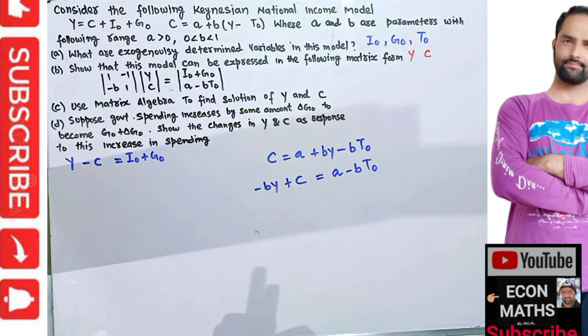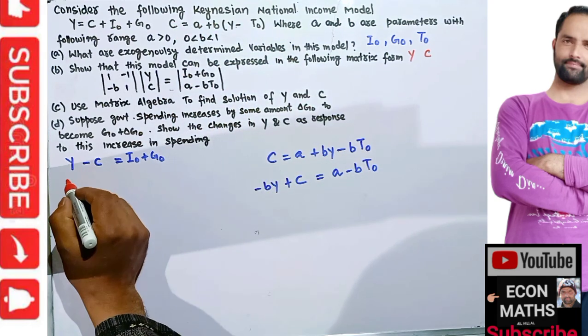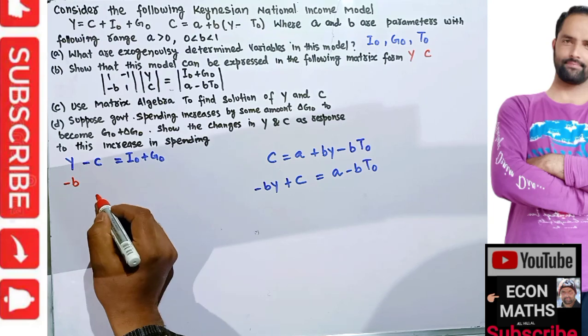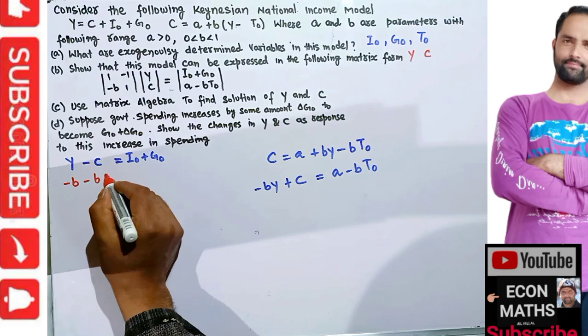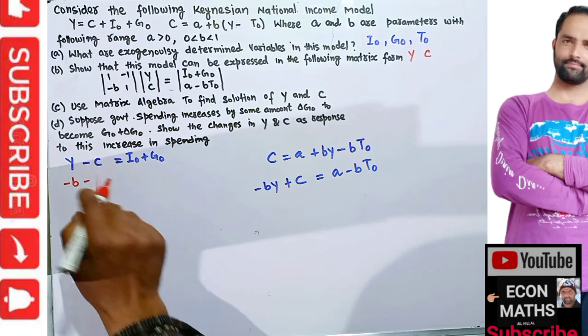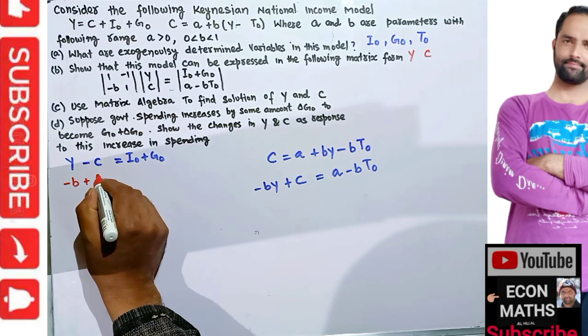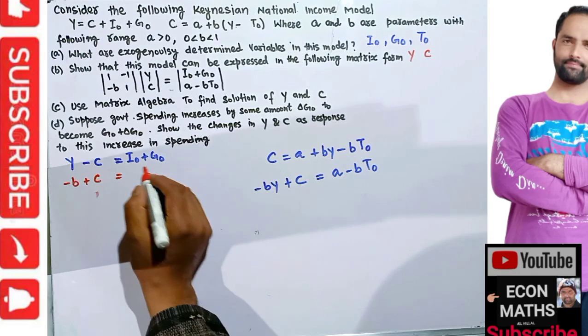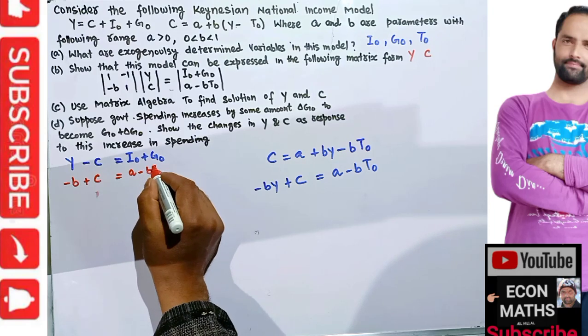Okay, so when I solve this, I will get minus b, then we have plus c, minus b plus c is equal to a minus b t naught.